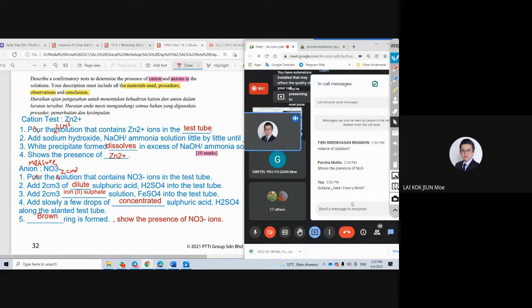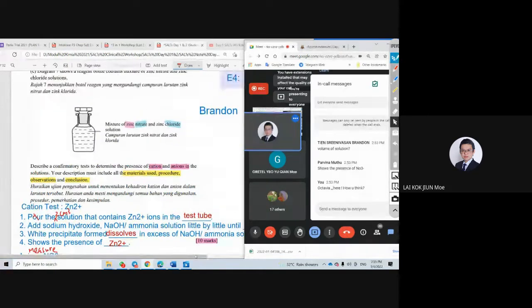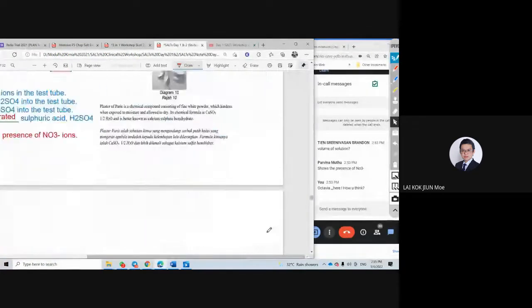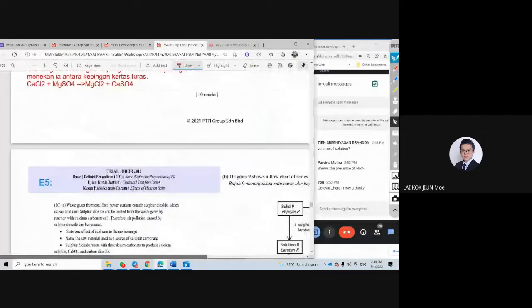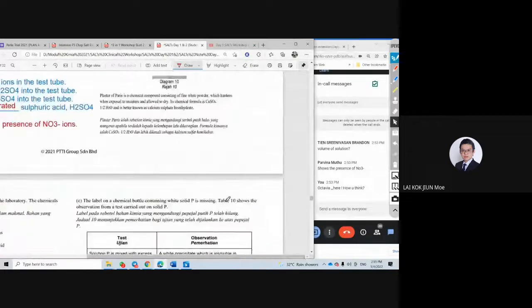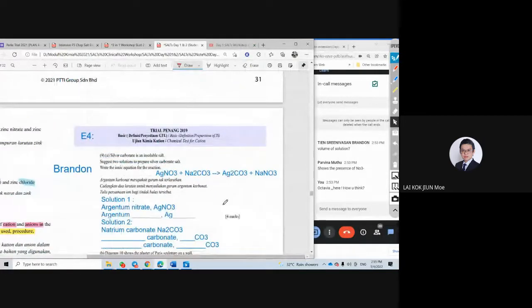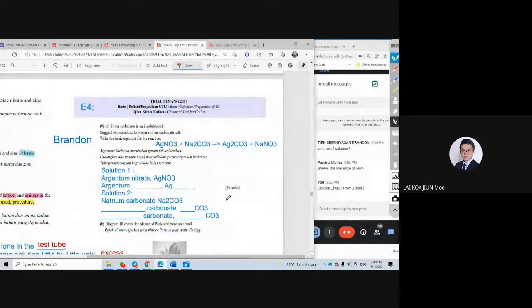Octavia? Okay, Octavia. I think we can finish only one more question for this part. So, Brendan now. Brendan, for your part, essay question number 4. Suggest 2 solutions to prepare silver carbonate. Is it correct, Brendan? So you have silver carbonate here.